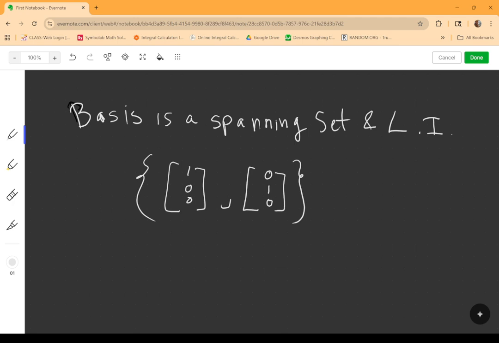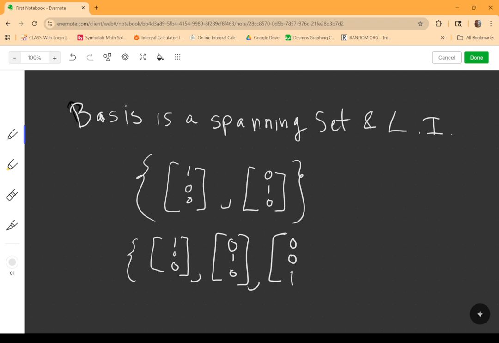If we can come up with even a spanning set, let's say, for example, let's do the standard one. And then we just add another vector to it.